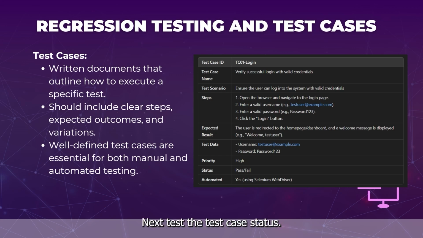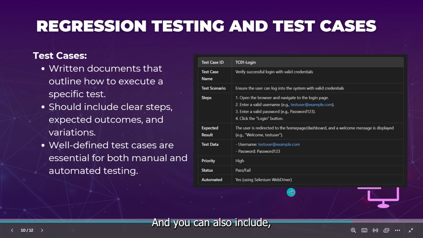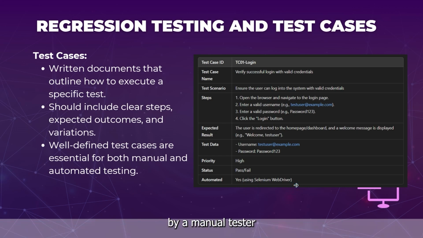Next is the test case status. This indicates whether the test case was successful or the functionality works as intended by the developers. And you can also include whether the test case was done manually by a manual tester or automated using automation tools like Selenium WebDriver.